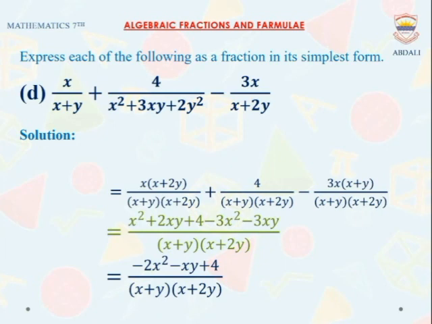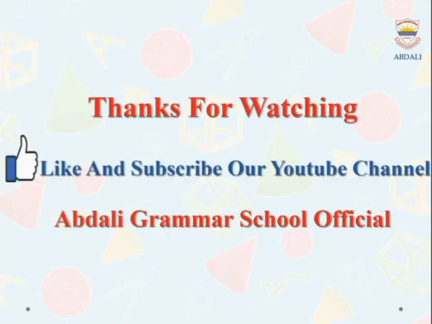Plus 2xy minus 3xy will be solved, and it will be minus xy, and plus 4 will remain as it is, a constant, and there is no other constant to add to it. The denominator will be written as it is. So now we can see that we cannot simplify it further, so it is your answer and the most simplified answer.